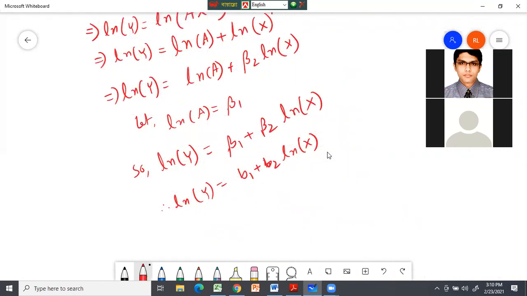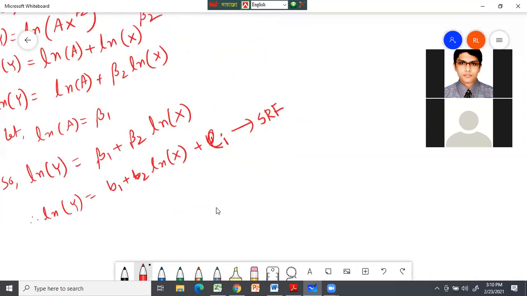And when you are adding the ei form, ei means what? Your error term of the model. So in that case, it is known as sample regression function, SRF, with stochastic form or with error term.